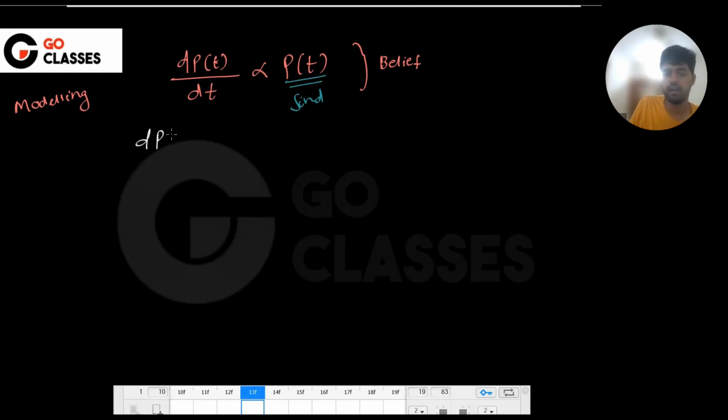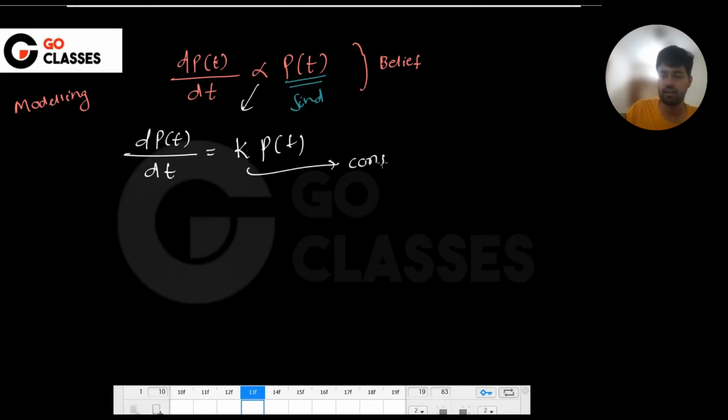In initial lectures, we will try to have some mathematical solutions, and I think you should also try this out, because if a question comes, it might come from the intermediate derivation steps as well. So it is useful to try these relations on your own. So dP by dt is equal to k P of T, where k is some constant of proportionality.